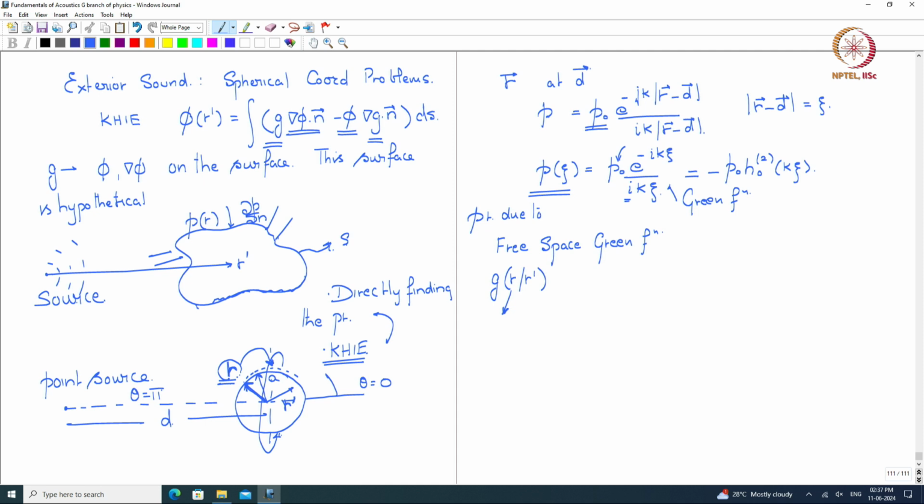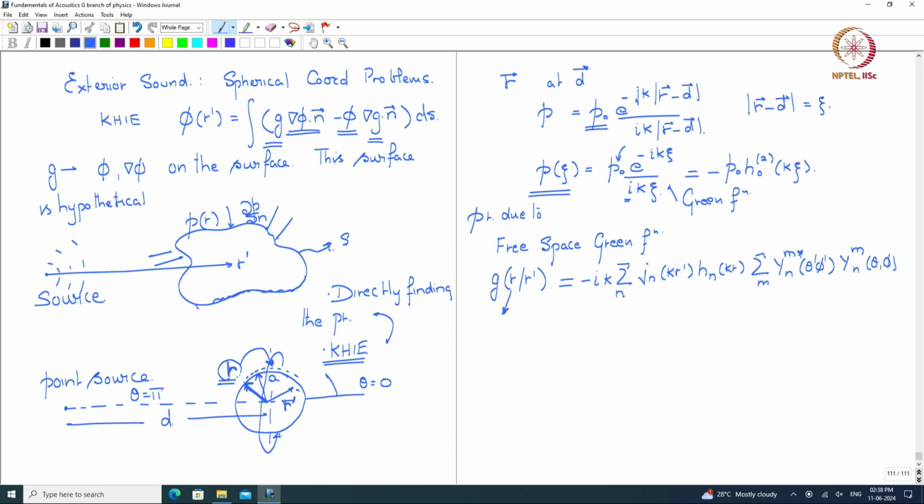So if that is the case, we have seen the Green function expansion: minus j k summation over n j n of k r dash, Hankel function n of k r, summation over m Y m n conjugate of theta dash phi dash, Y m n theta comma phi.